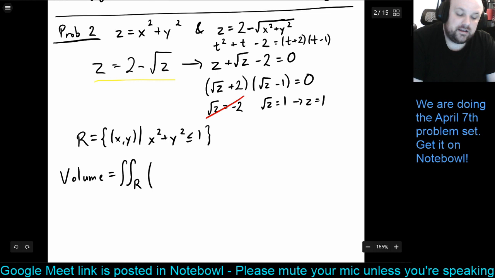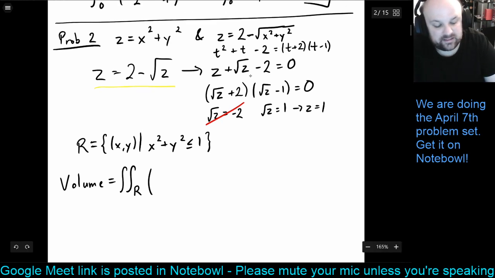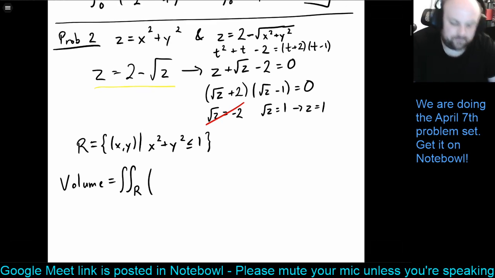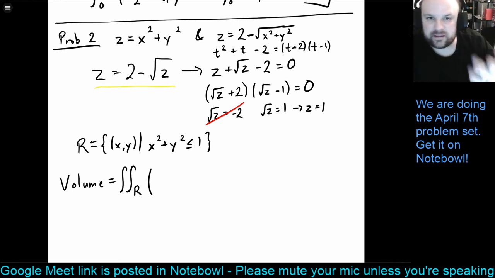Now I'm going to move everything to the left side, and if I look at this carefully, I can factor it. To help think about how to factor this, let's say square root of z is t. Then z is t squared, and minus 2 is minus 2. So we can factor this into t plus 2 and t minus 1.